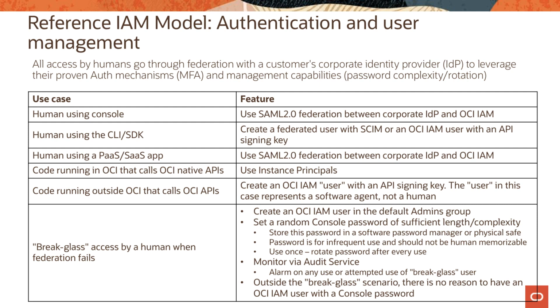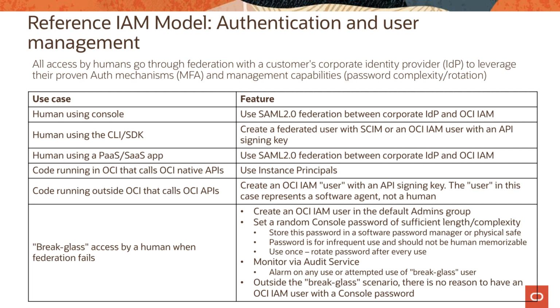For software agents outside of OCI, you can create IAM users in OCI with API signing keys. And we already discussed the break glass access by a human user when federation fails or some resources can't be accessed through federation, etc. Then you should set up a contingency type IAM user in OCI in the default admins group, and have a complicated, non-human-readable or memorable password which should be used once, and it should be rotated after that one-time use, and you fix any issues that you have.